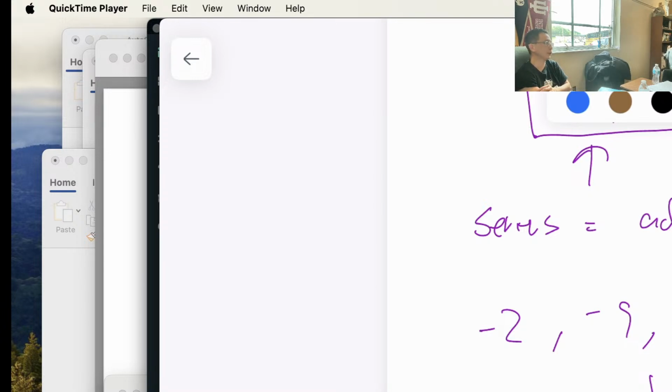This one still has new material, so I want to kind of fill this in too, so that way you don't have missing stuff. You understand this?